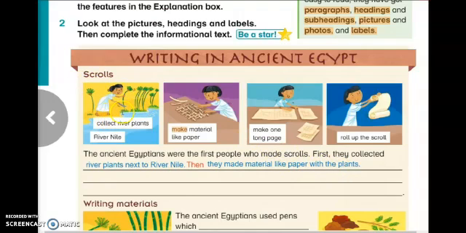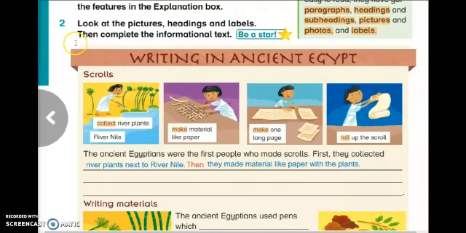And pay attention that we have to use the past form from this verb which is make, and we have to write made because we are talking about ancient Egypt. So all the verbs in these labels we have to use the past simple form for them.